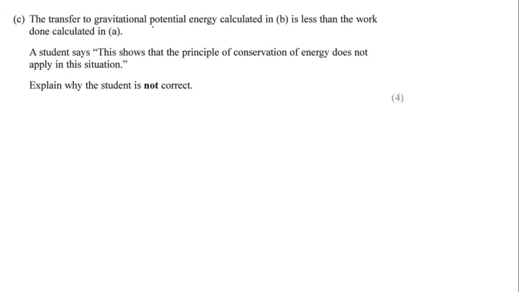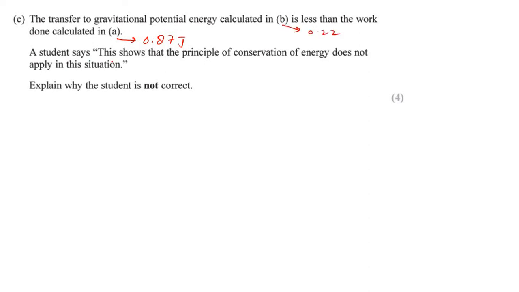Part C, the transfer of gravitational potential energy calculated in B is less than the work done calculated in A. So we calculated work which is around 0.87 or 0.88, something like that. But gravitational potential energy we calculated 0.22.